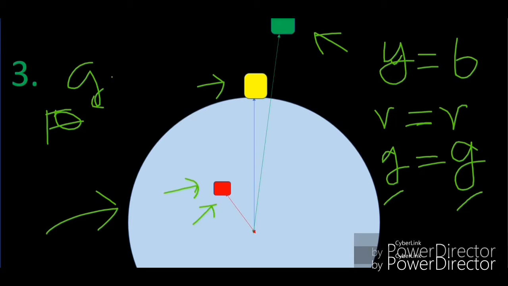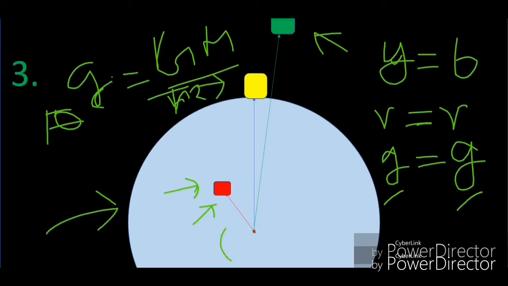The gravitational acceleration is g equals G m divided by r squared, right? So when the radius is smaller, the gravitational acceleration or the weight is greater.